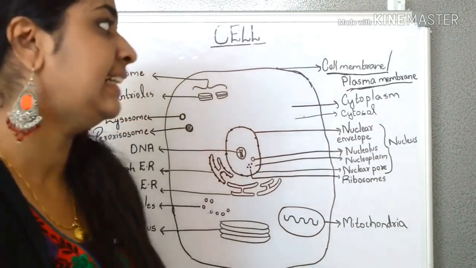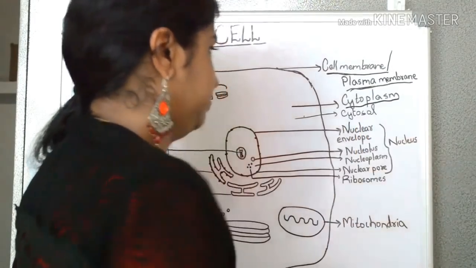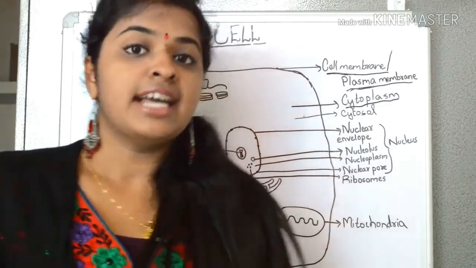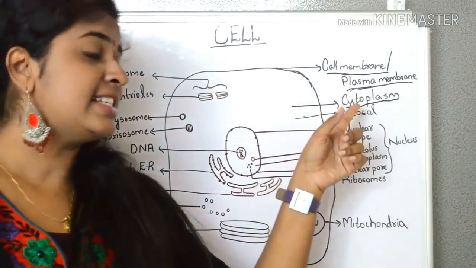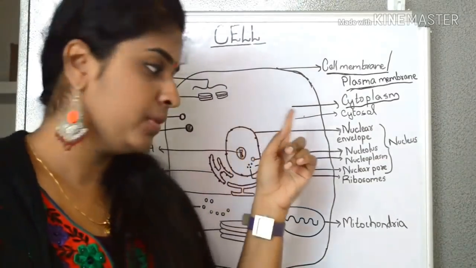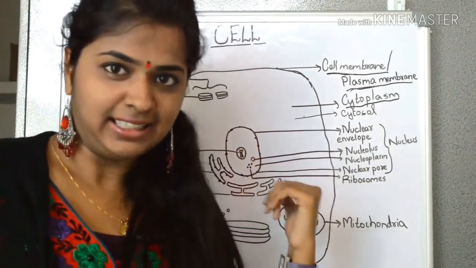Now next let us talk about the cytoplasm. So what do you mean by cytoplasm? Cytoplasm is a jelly-like substance which provides a platform to all the cell organelles present inside the cell.